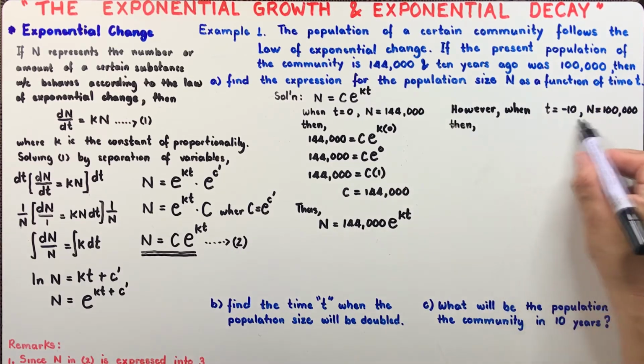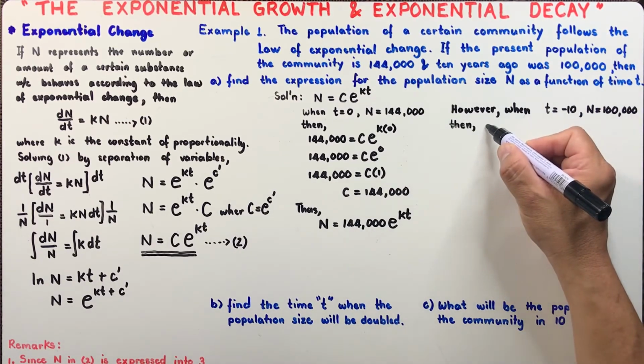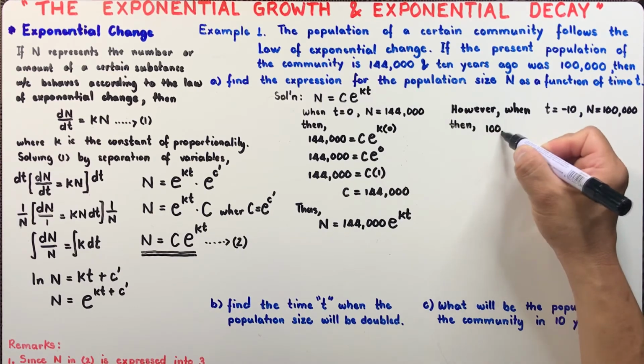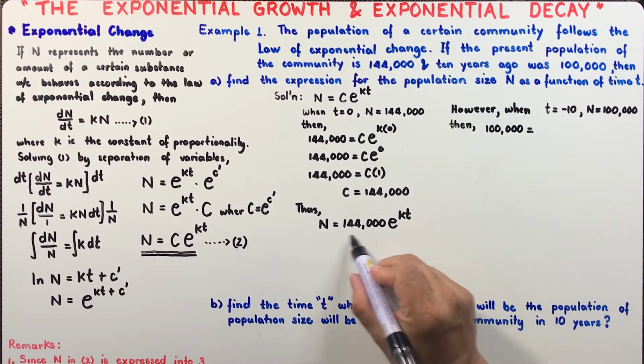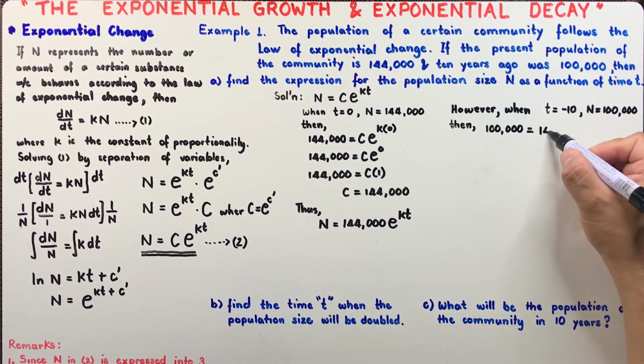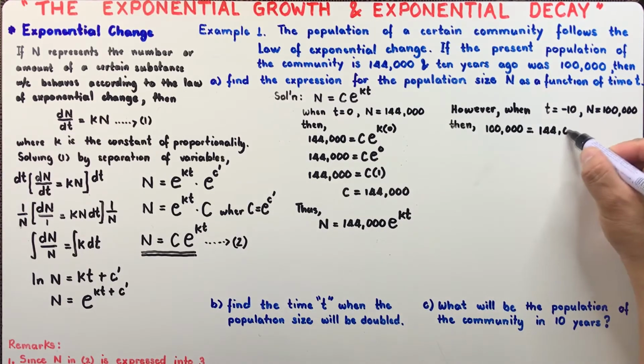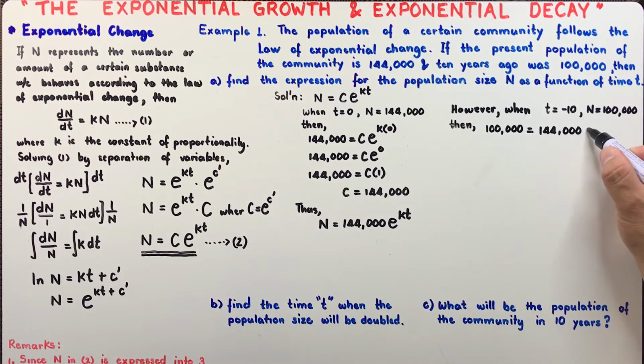Now, substituting these boundary conditions, we have N as 100,000, which is equal to 144,000 at the start times e to the power k times the time of -10. Why -10? Because this was 10 years ago.